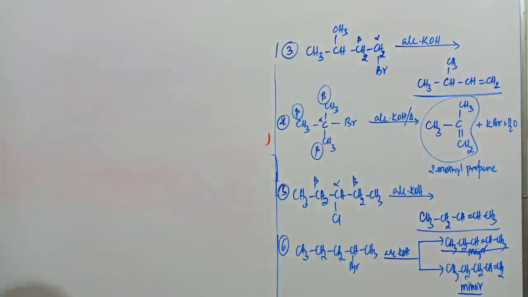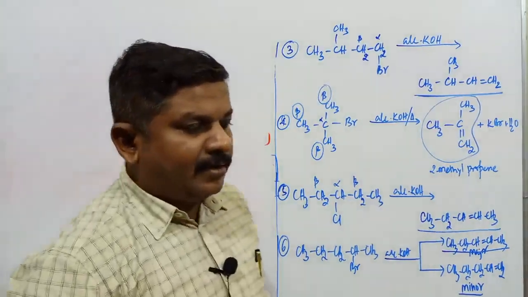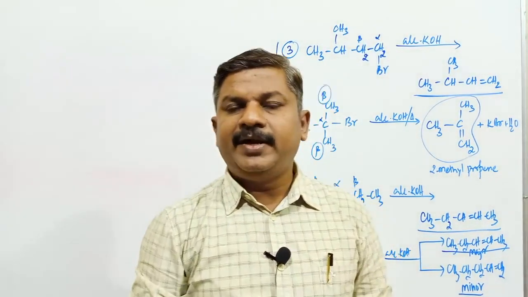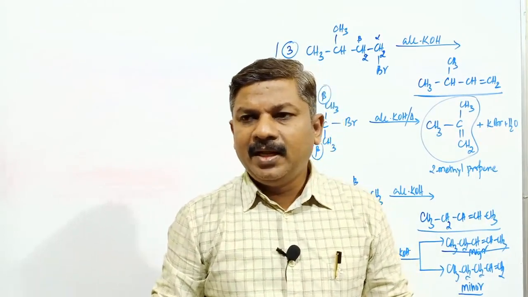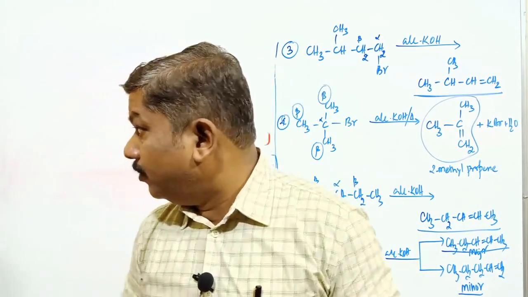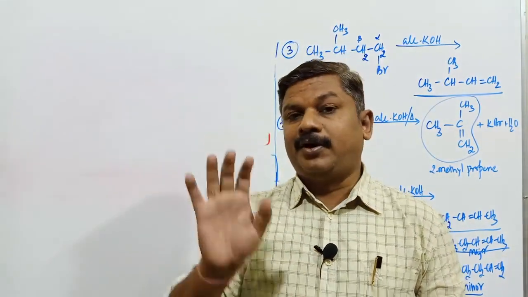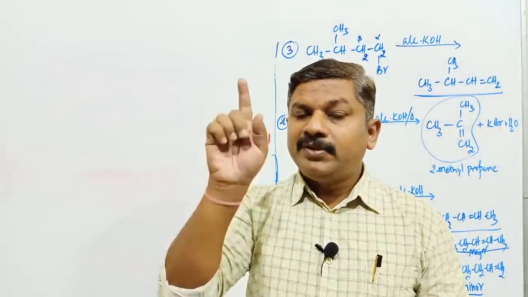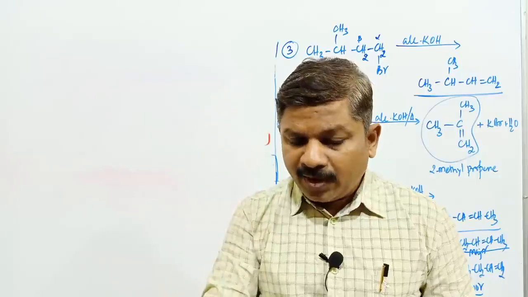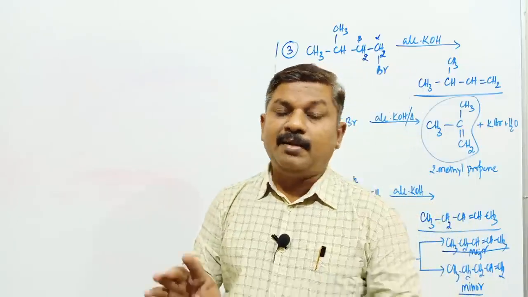Just now we mentioned that usually in elimination reactions, whether E1 or E2, the Saytzeff product is more stable compared to the Hofmann product. It is more substituted and contains more alpha hydrogen atoms.